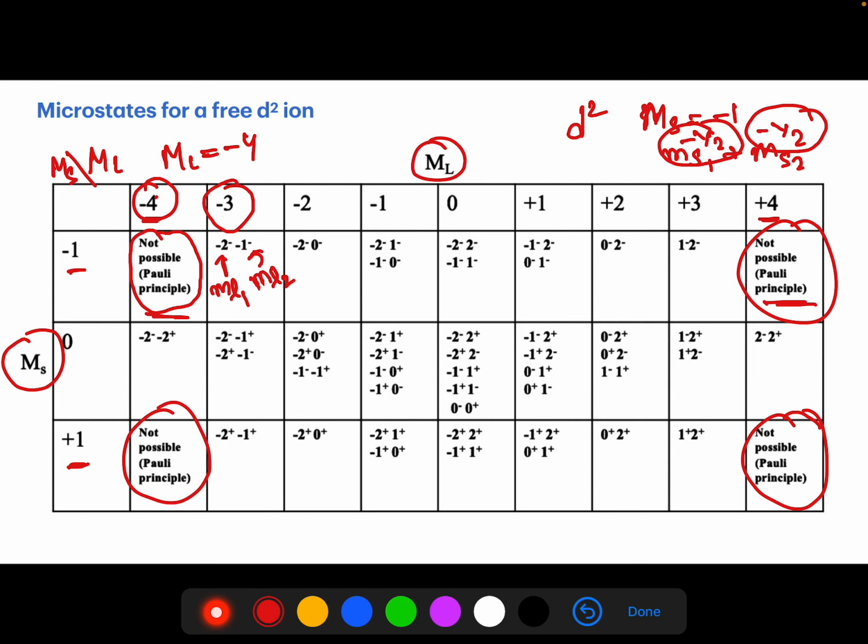Again, similarly, if we go on filling these, you can see that the maximum number of microstates is where ml is equal to 0 and ms equal to 0. So there are a total of 1, 2, 3, 4, 5 sets of microstates, making 5 terms. In total, we arrive at an overall number of 45 microstates in this table. So for d2 we get a total of 45 microstates.